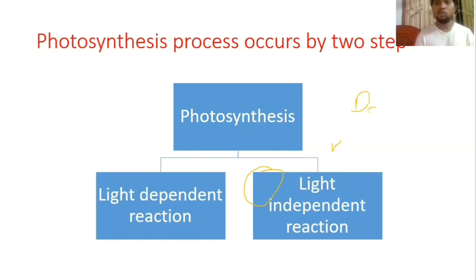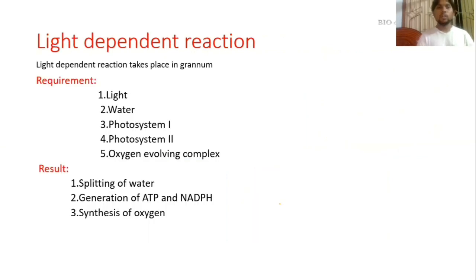I think most of you know about the dark reaction. Dark reaction doesn't mean that it happens at night. It happens in the daytime only, simultaneously with the light dependent reactions. It doesn't happen at nighttime.